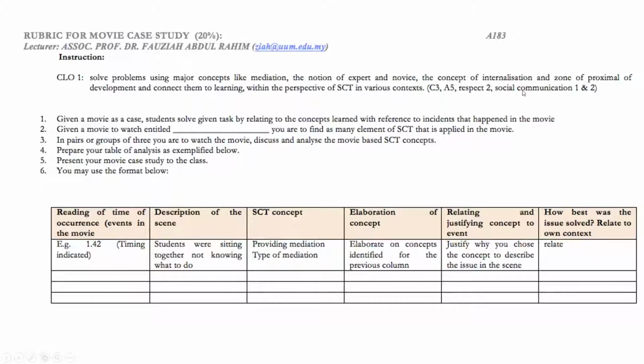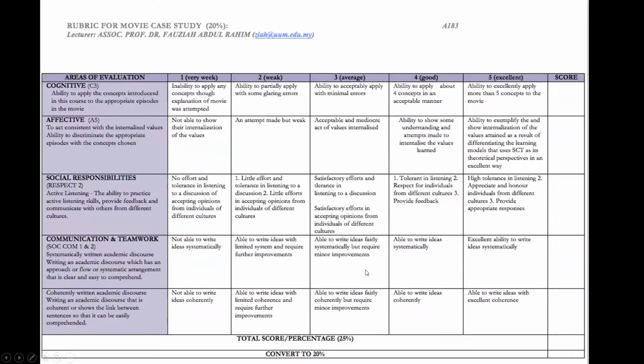As I mentioned just now, this CLO is related to the social, soft skills, and this is the instruction that I want them to do. I've given them the template of what I asked them to do, and this is the rubric. Remember, I told you the top is the standard: excellent, good, average, weak, very weak. Average here means they meet the standard at the master's level.